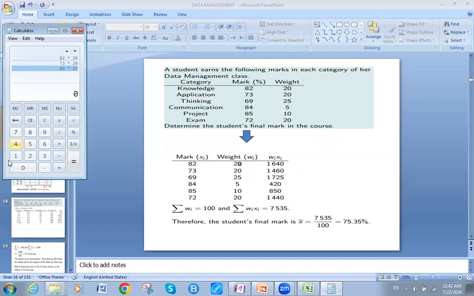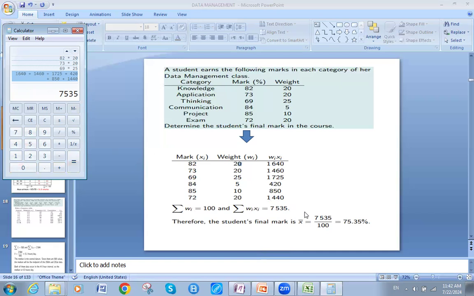The total here will be 1640 plus 1460 plus 1725 plus 420 plus 850 plus 1440, which will equal 7535.